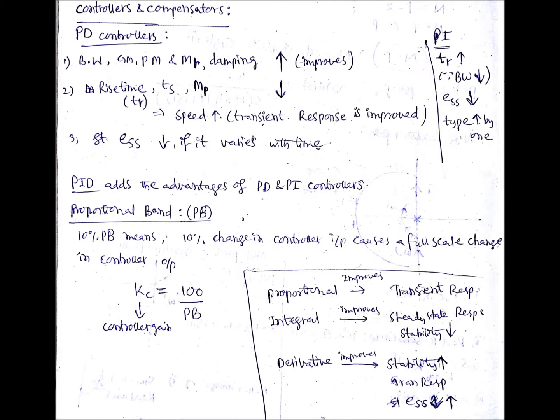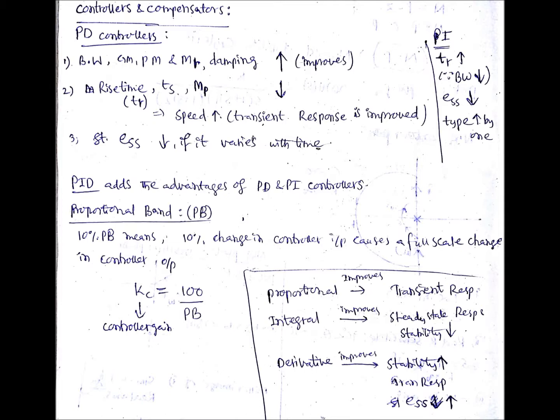And coming to the third point, the steady state error is going to decrease if it varies with time, using proportional and derivative controllers. Coming to the proportional integral controllers, the rise time is going to increase, and so the bandwidth is going to reduce, opposite to the PD controllers, because derivative and integral are inverse to each other, right?